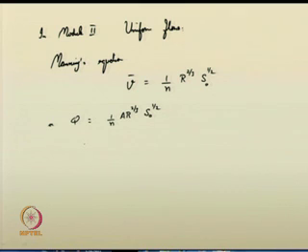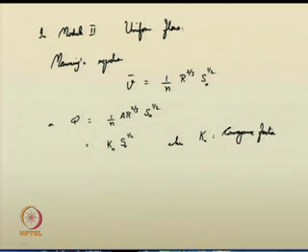That means, this is equal to some conveyance factor Kn into S0 to the power of half, where the conveyance factor is equal to 1 by n A R to the power of 2 by 3.